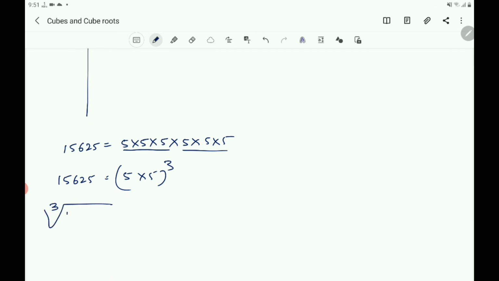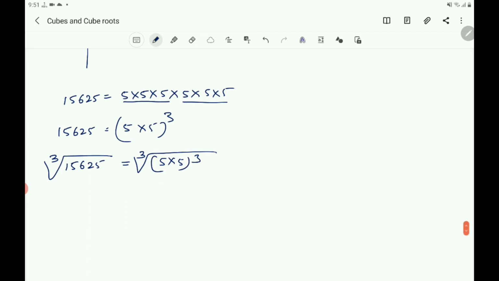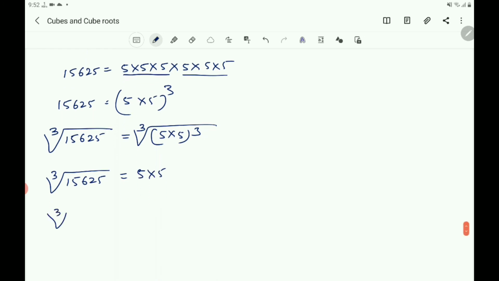Cube root of 15,625 equals cube root of 5 into 5 whole cube. Then you know that this cube root and cube cancel. Cube root of 15,625 equals 5 into 5. So cube root of 15,625 equals 5 into 5 is 25.